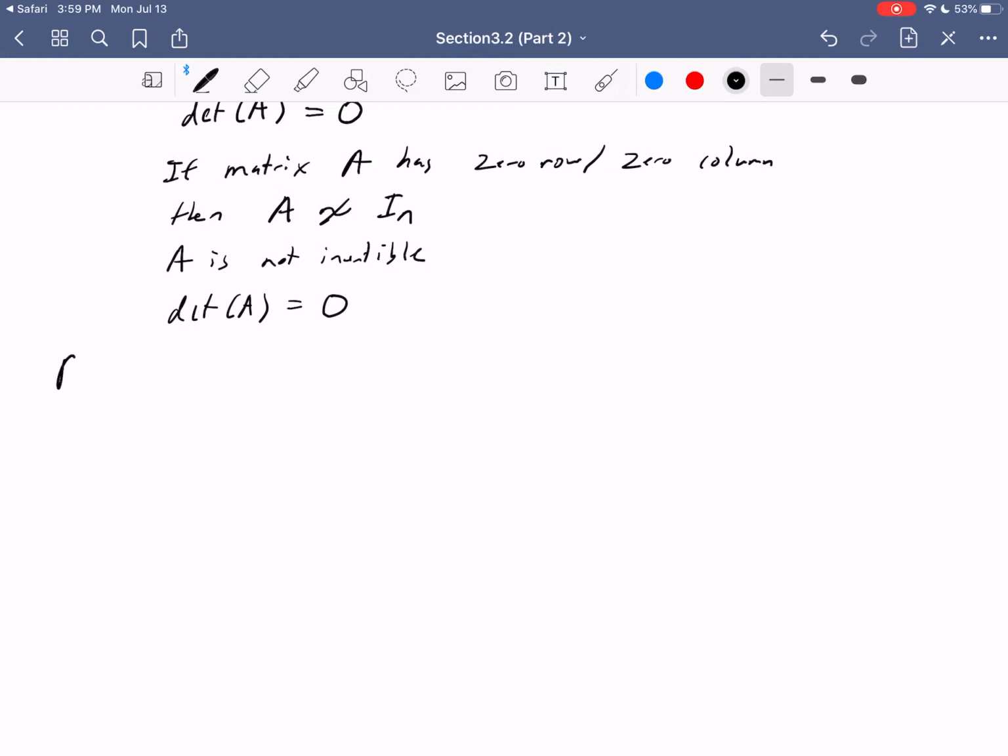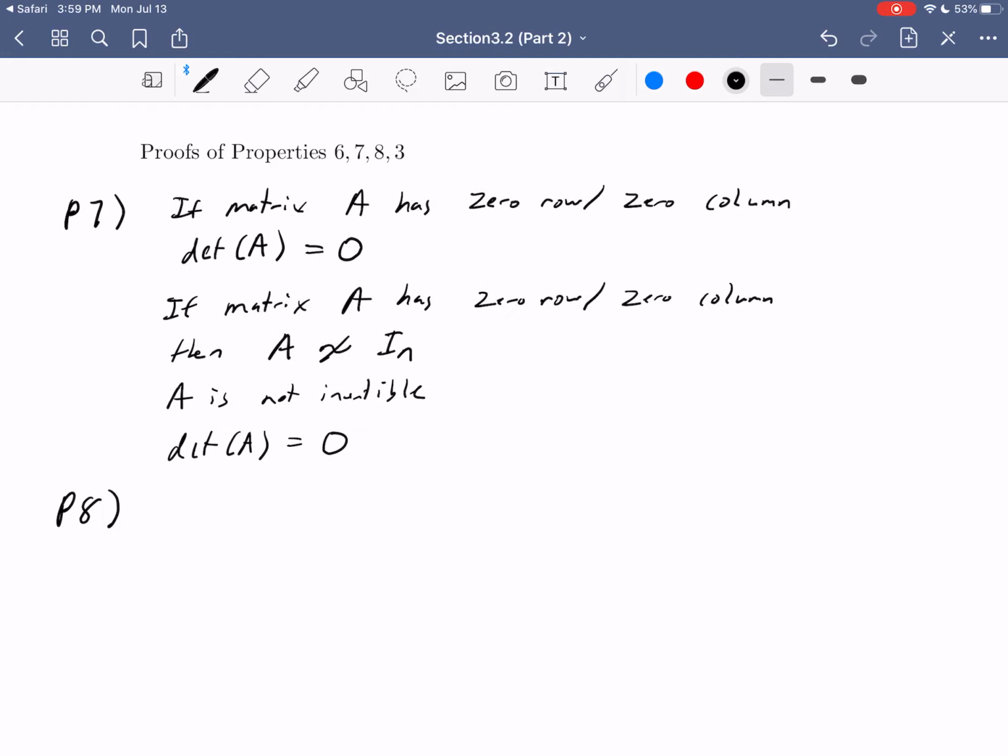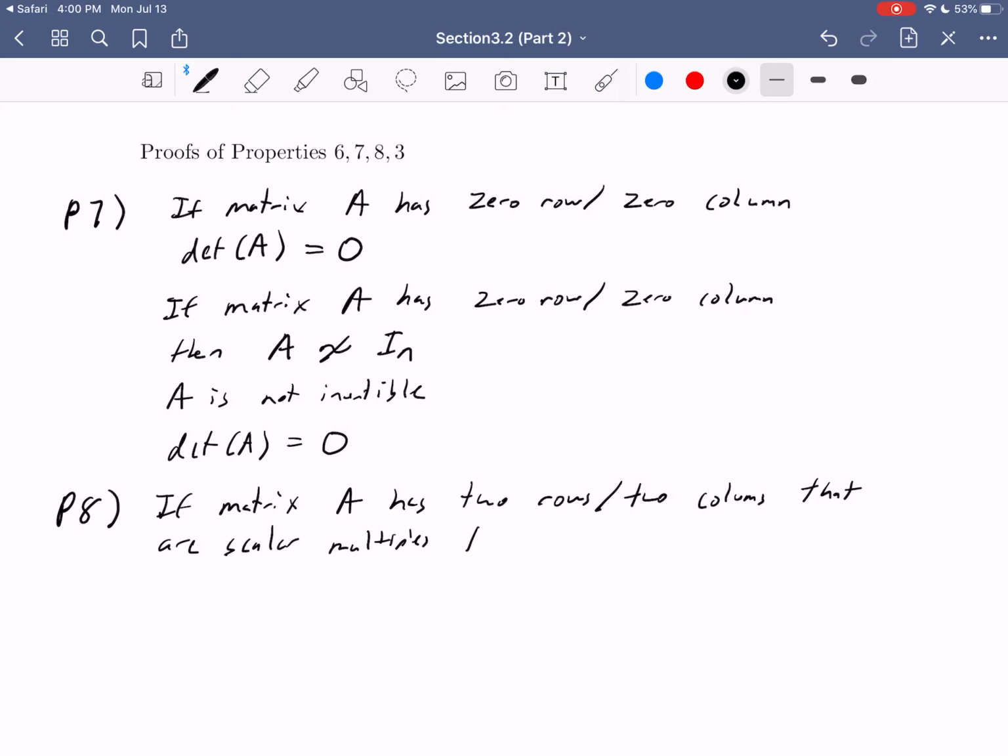Now we can look at property 8. Property 8 says that if matrix A has two rows or two columns that are scalar multiples, then the determinant of A equals 0.